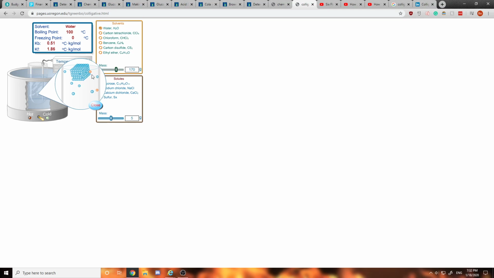So rather than just collecting into a solid structure, the pathway was not available to it. It had to bounce off and then come back around to form the solid. That delay caused it to take a bit longer, a bit lower temperature for the solid to form.